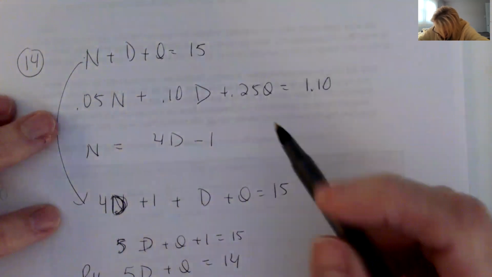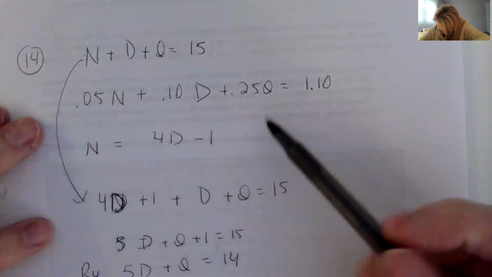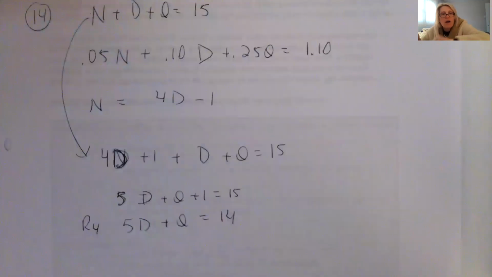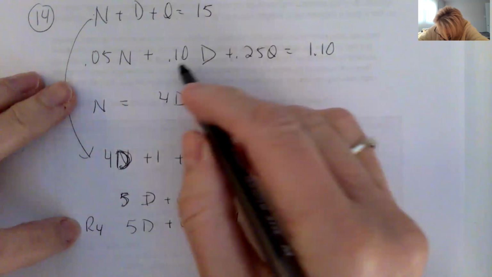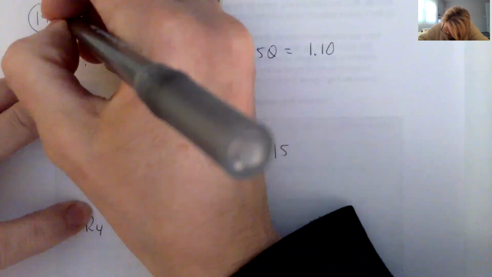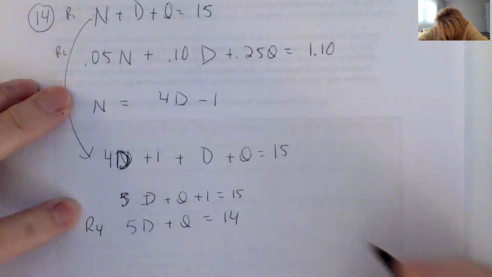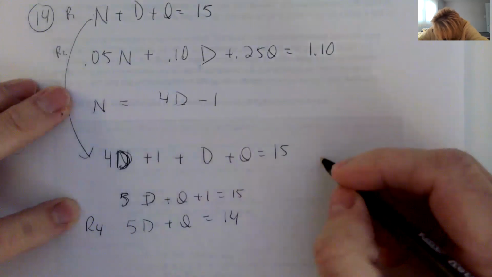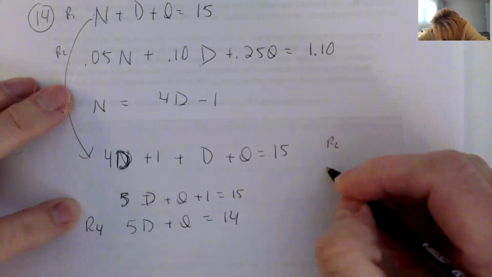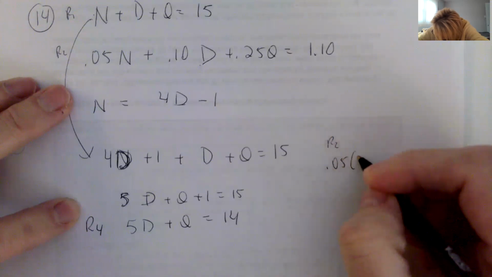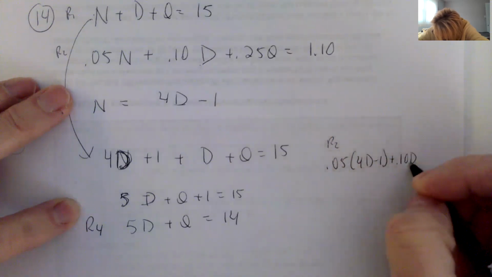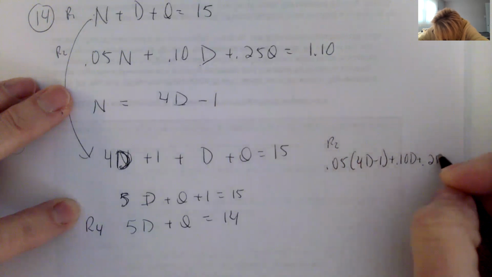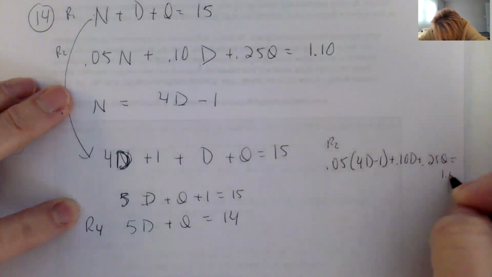And then we can put what we know about nickels, 4 dimes minus 1, into the second row. This is row 1 and row 2. In row 2, 0.05 times (4D minus 1) plus 0.10D plus 0.25Q equals $1.10.